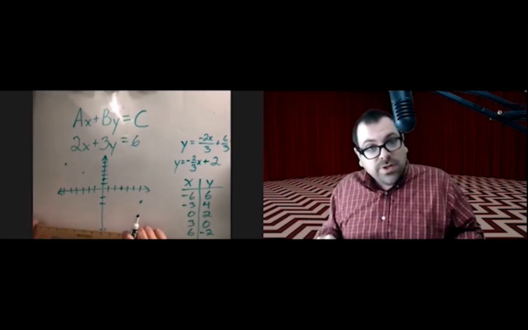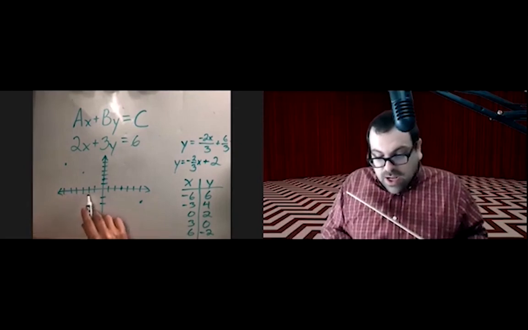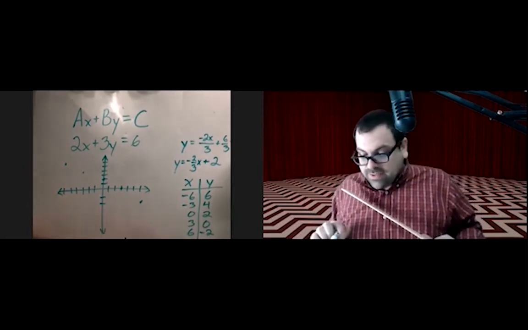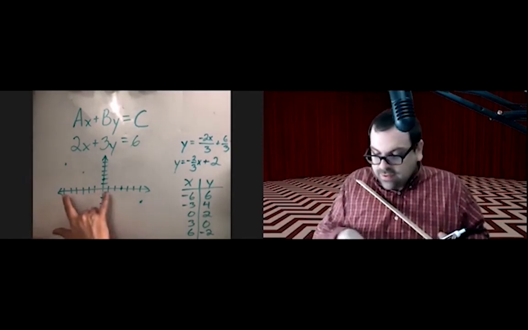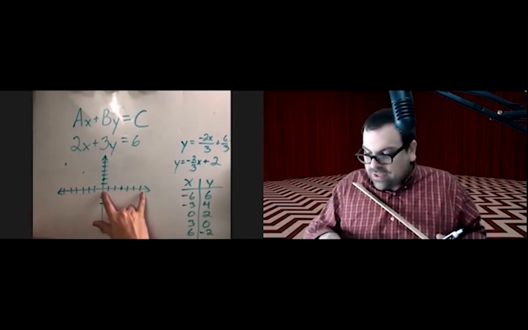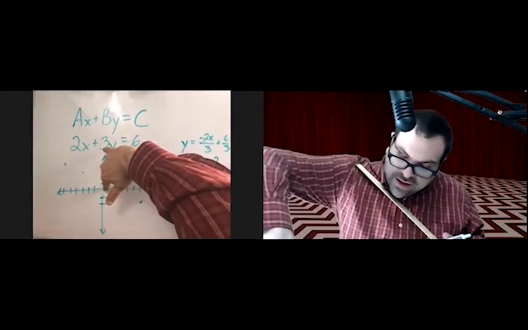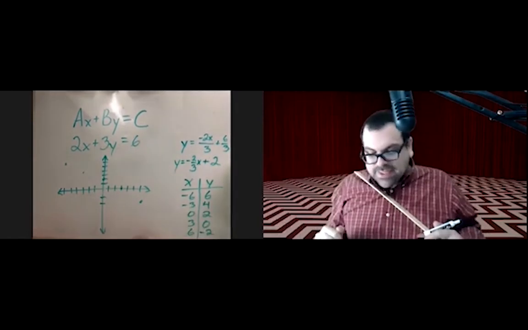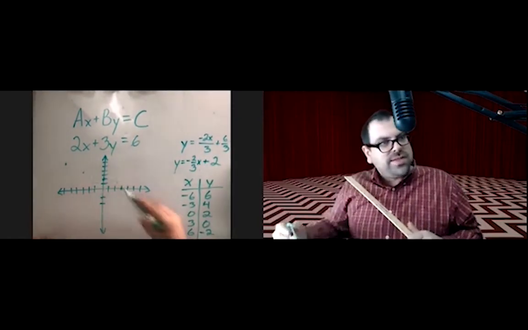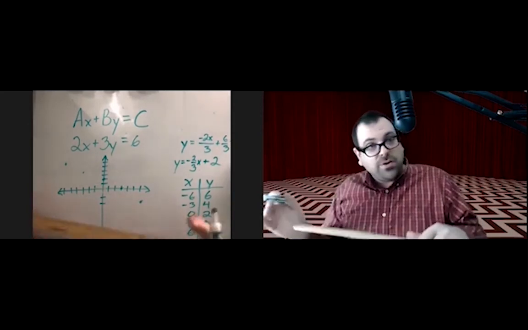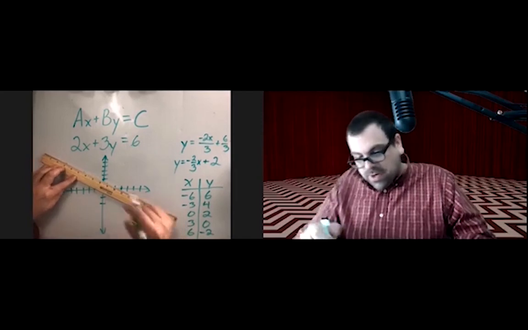The issue is that my marks are not evenly spaced. 6 here is not actually exactly the same as 6 here, and is definitely not the same as 6 there. So that's why there's a little bit of disparity here. But again, if you're using graph paper, these are going to be right in a line.